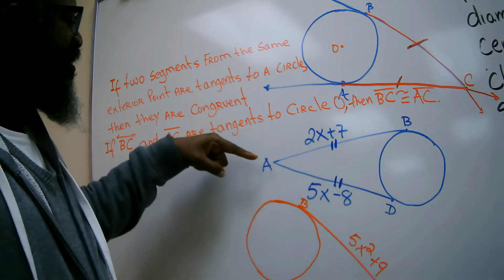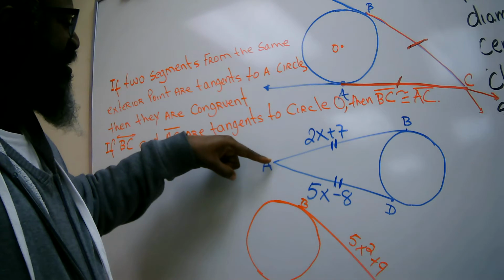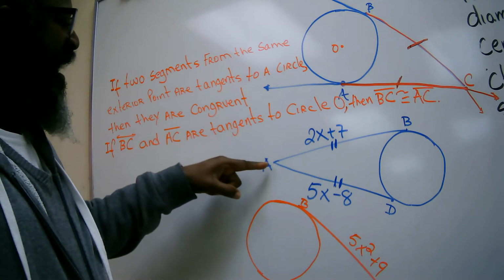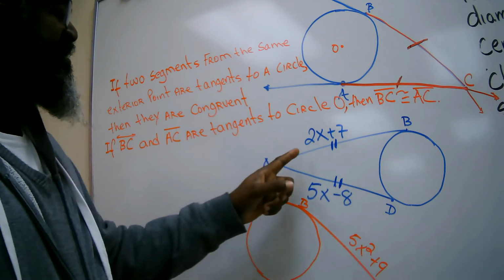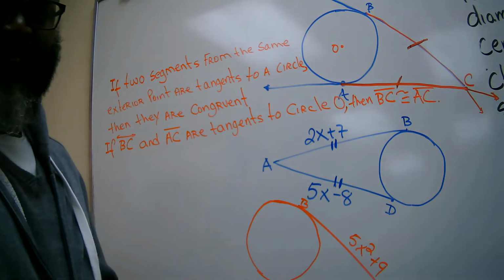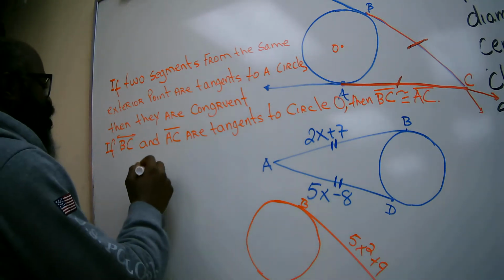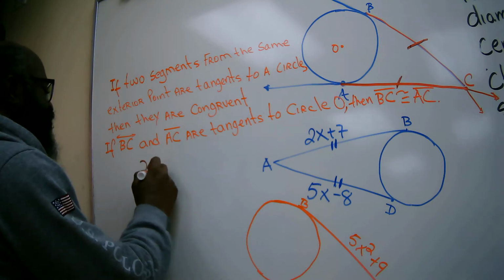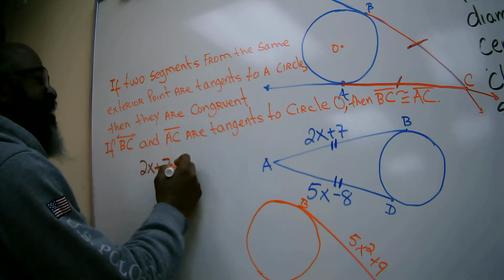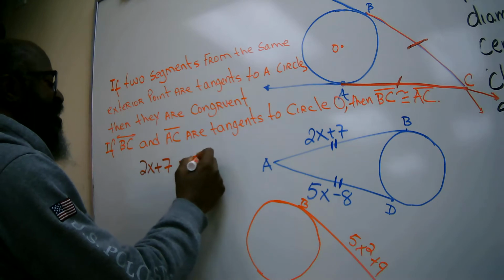Those two tangents meet at the exterior point. Therefore, AD will be the same distance as AB. So when you're writing your equation to solve for x, you have no choice but to set those two expressions as 2x plus 7 is equal to 5x minus 8.